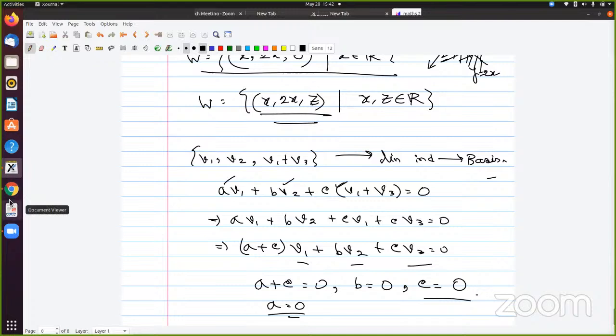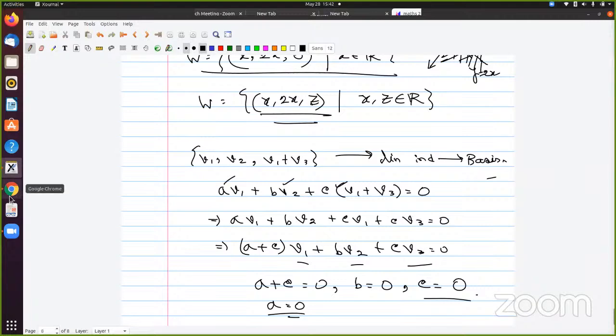No, because these are arbitrary vectors. You don't know that it is the standard one or not. V1, V2, V3 can be anything. I have not mentioned that this is the standard basis. If it was given that it is the standard basis, then you can take that. Otherwise, you cannot. Okay? Clear?